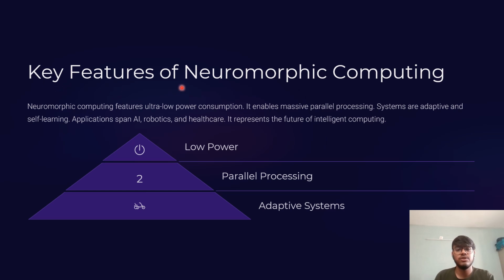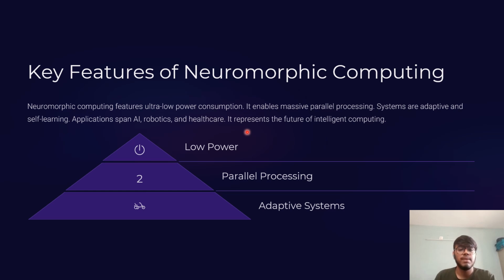Key features of neuromorphic computing. Let's now take a look at some of the key features that make neuromorphic computing stand out. Firstly, low power consumption. Since neuromorphic chips are event driven, they use energy only when required.